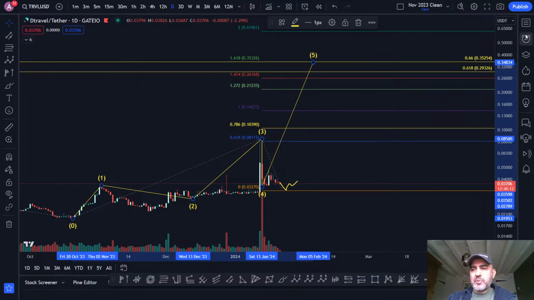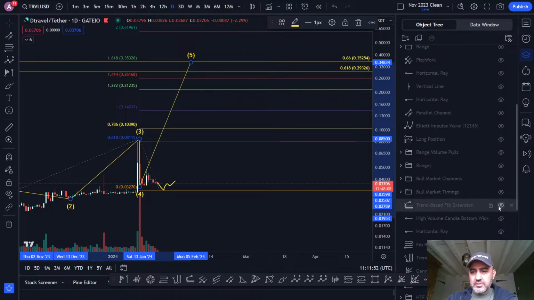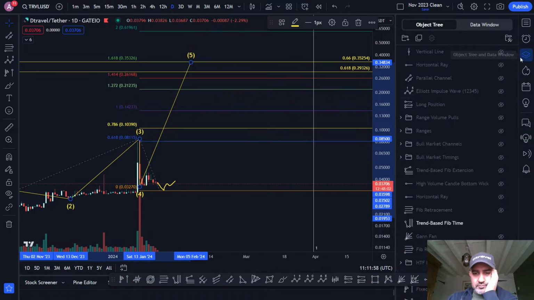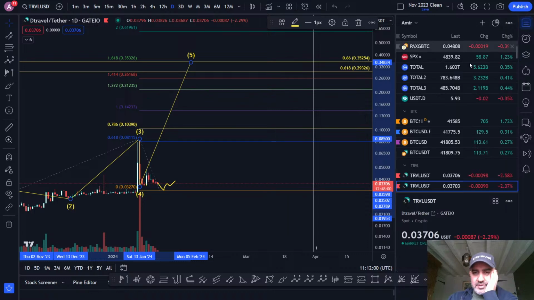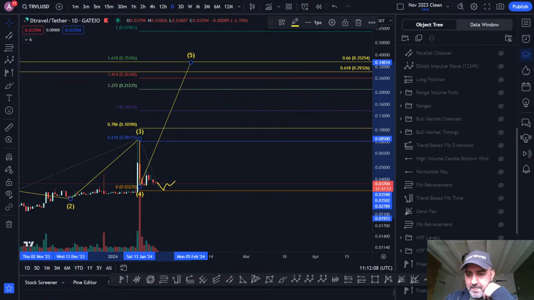And then when you throw in the fib time that I've got, is that the right one? No, I've got 2, but that one I was messing about with.